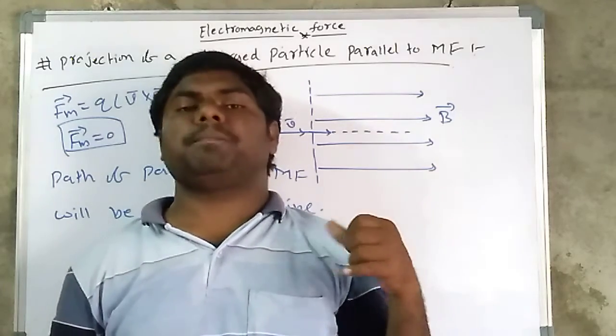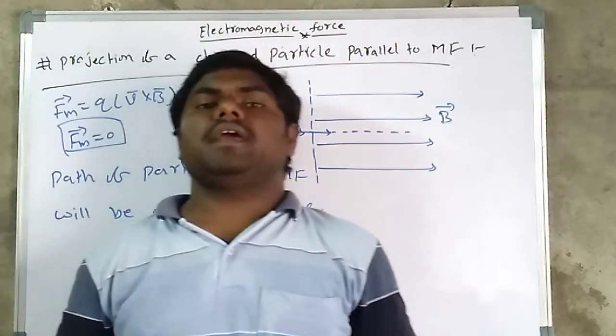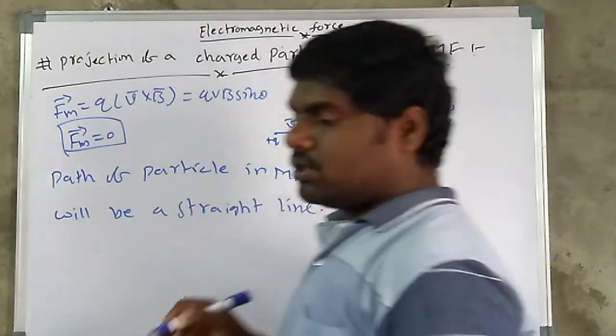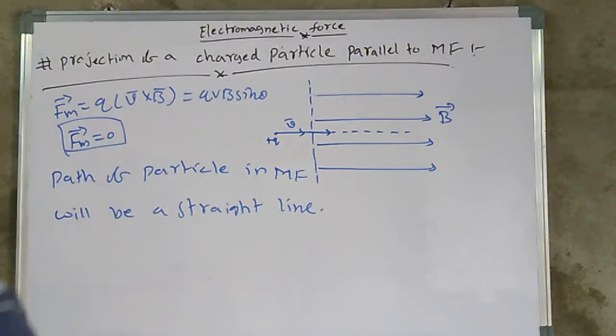That's why the path of the particle in the magnetic field will be a straight line motion only, because the angle between B bar and v bar is 0.